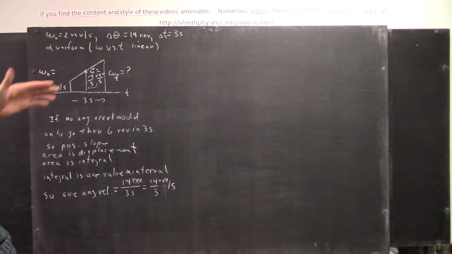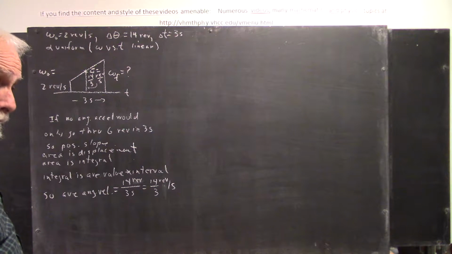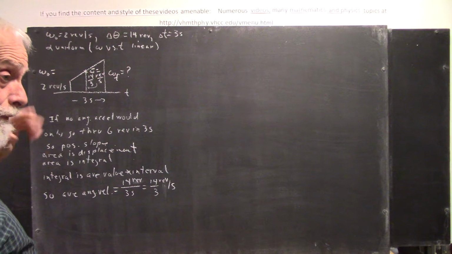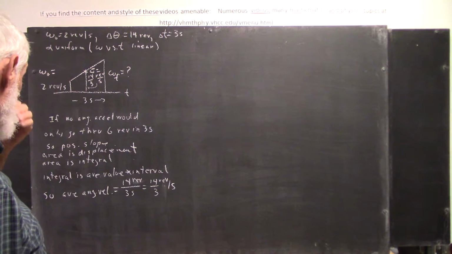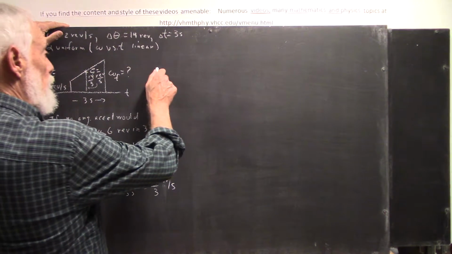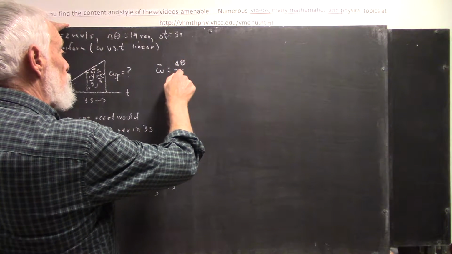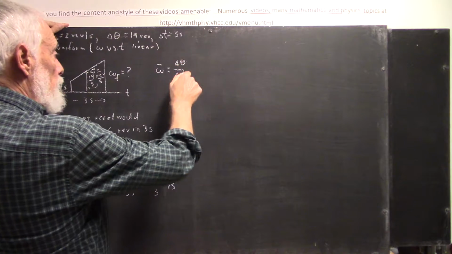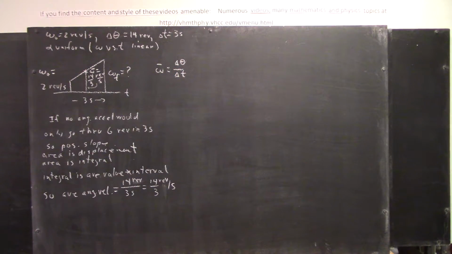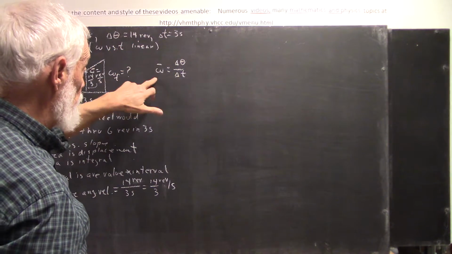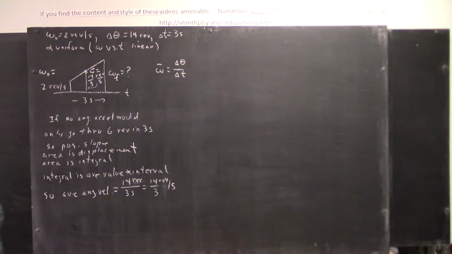And since we have a constant slope, we can just divide the change in velocity by the time interval, and we get the average angular velocity. So we could have just used the fact that omega bar is the average rate of change of angular position with respect to time. Straight line graph tells us that omega bar is constant, so right there is our average angular velocity.